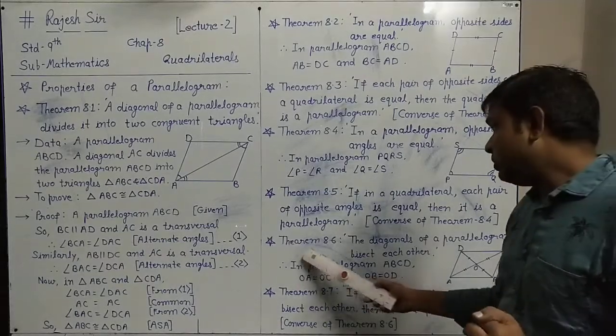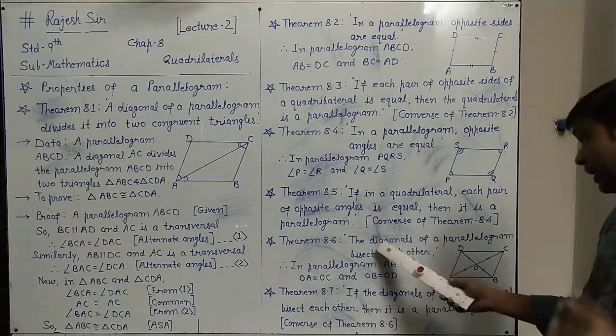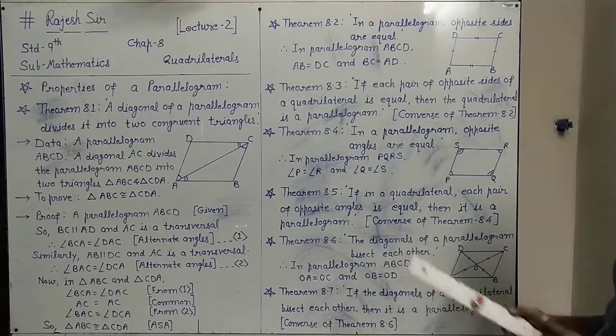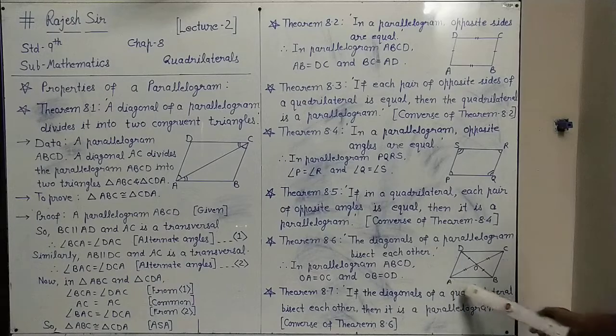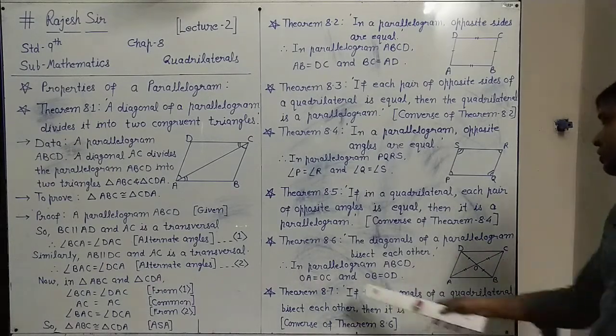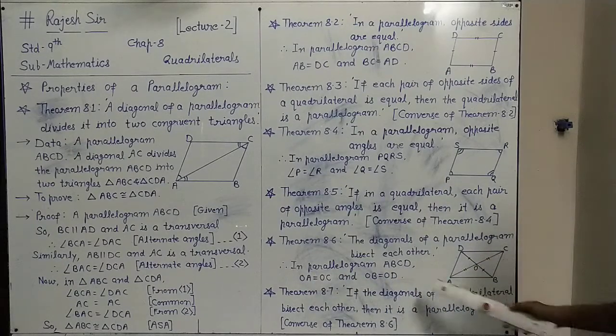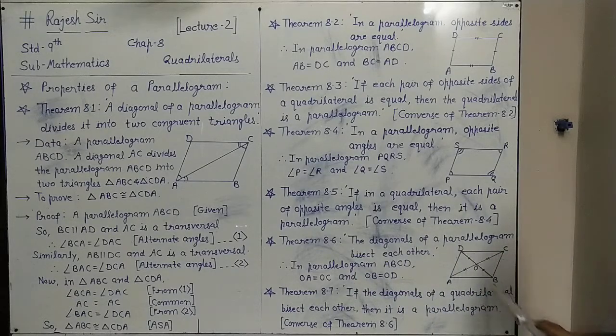Now theorem 8.6, the next theorem, is about the diagonals. The diagonals of a parallelogram bisect each other. You can see the parallelogram ABCD here, and AC and BD are given as diagonals. They are intersecting each other at the point O. They will intersect in such a way that both diagonals bisect each other, meaning they are divided into two equal halves. So in parallelogram ABCD, the diagonals AC and BD bisect each other.